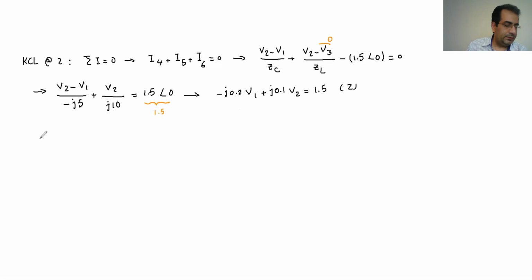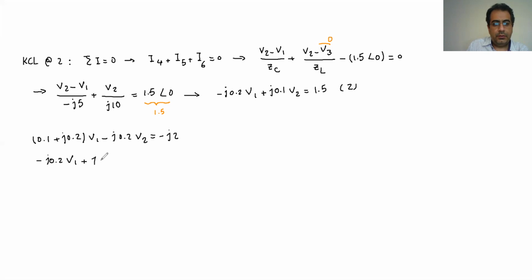If I put both of them together: 0.1 plus J0.2 V1 minus J0.2 V2 is equal to negative J2, and negative J0.2 V1 plus J0.1 V2 is 1.5.